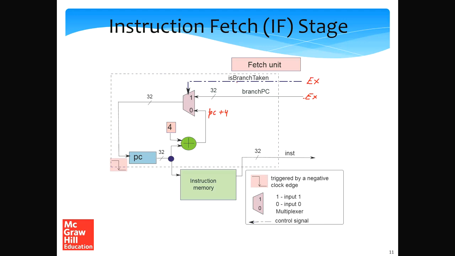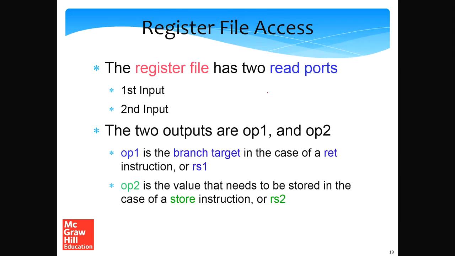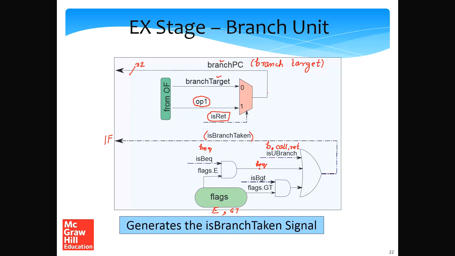We are choosing between them depending upon this particular signal, which tells us to either choose the default next program counter or choose branch PC. And branch PC is being generated in the EX stage using this multiplexer, based on the values of the isRet signal and data computed from the previous stage, the OF stage.